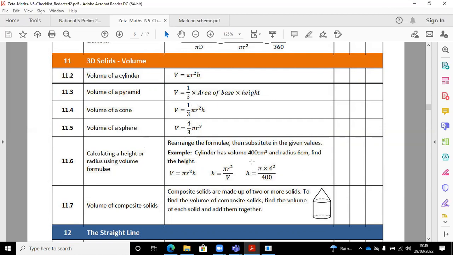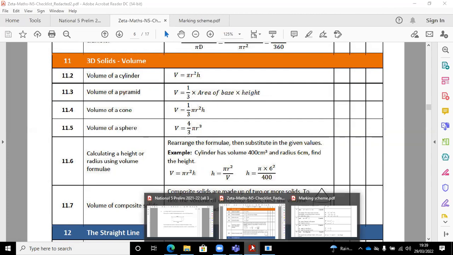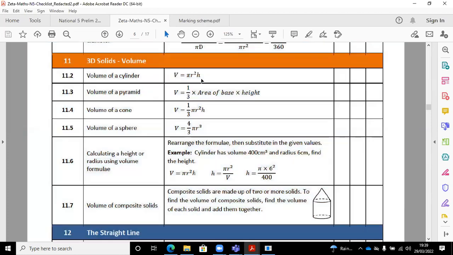I don't think cylinder was on it, was it? No, there was a cylinder. Yeah, but I'm talking about the formula. The formula wasn't on the page, was it? No, you're right. So volume of sphere, volume of cone, and volume of pyramid. The cylinder's not on it for the simple fact it's just a circle multiplied by height.